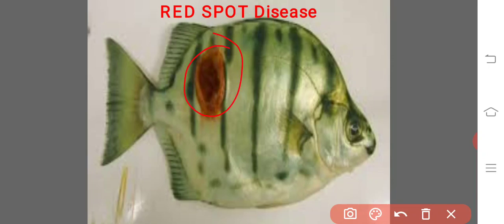The infection is known to cause hemorrhages in the liver and also in the kidney. For control, hygiene of the equipment used in the farm and pond should be maintained. And there are other bacterial diseases also which cause various diseases to fishes.